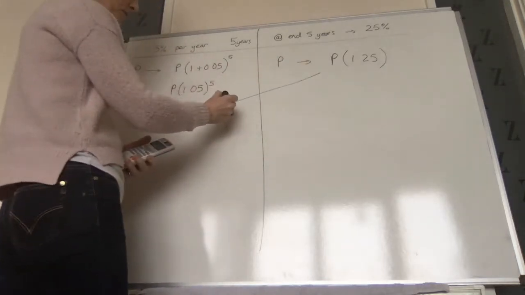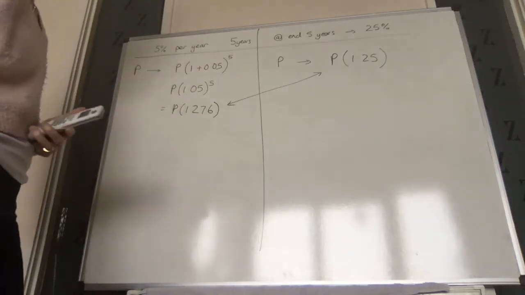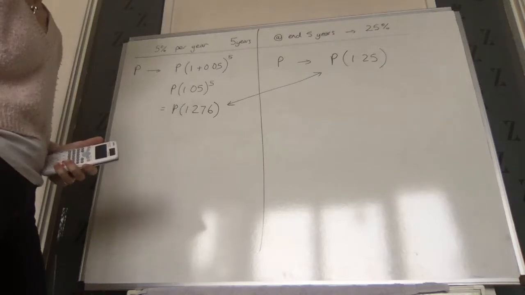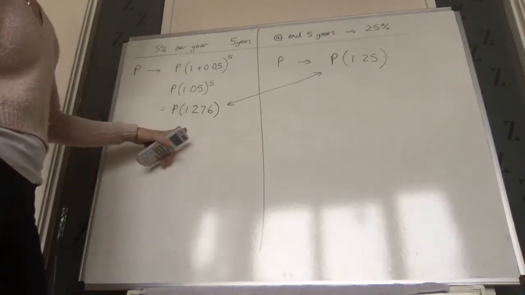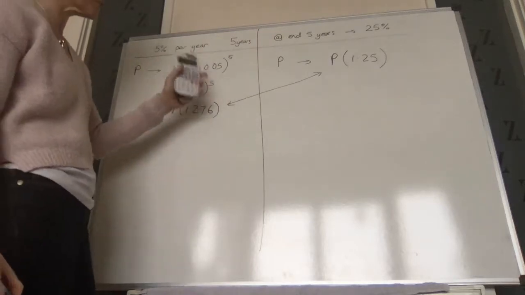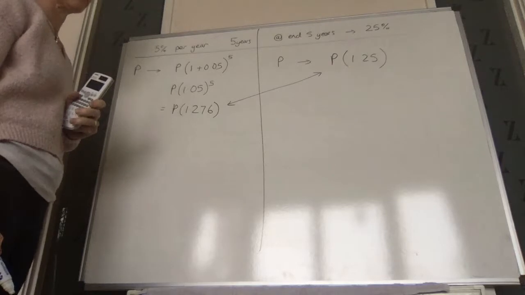Which bank would you prefer? The multiplier here is 1.276. The multiplier here is 1.25. So hopefully you can see that this is better. So 25% after 5 years does not equate to 5% per year for 5 years.